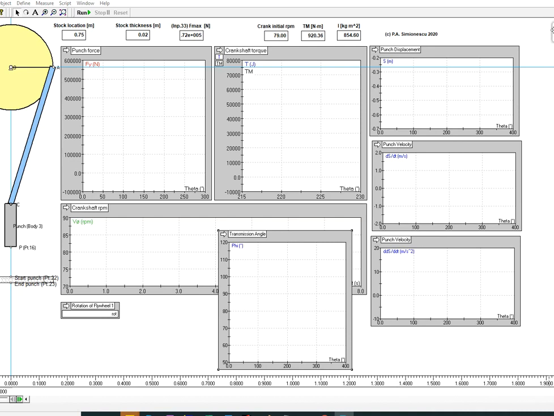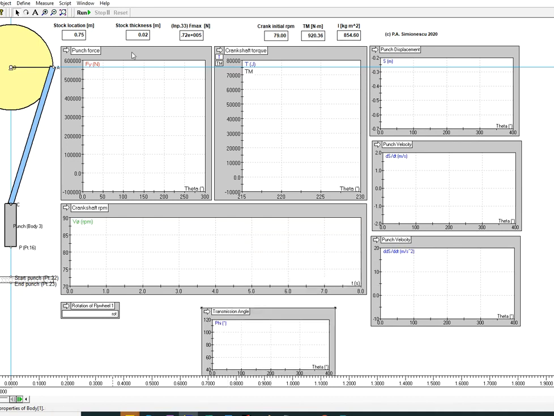So what we have here is the slider crank, and this would be the flywheel, with the moment of inertia read from here.